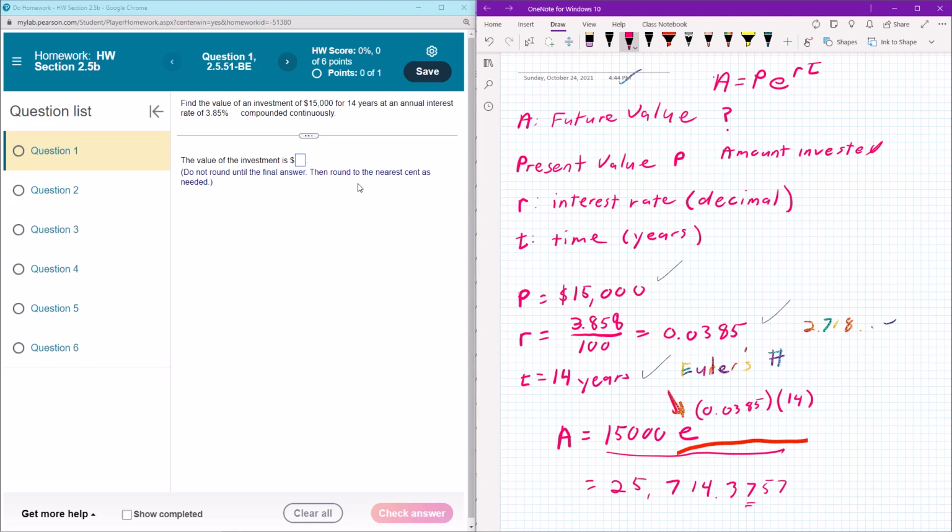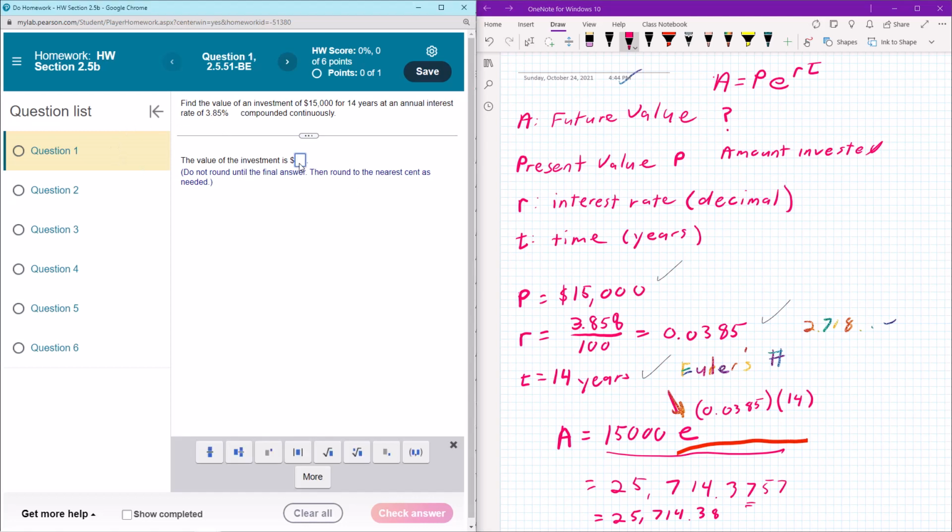Okay. Well, notice here I have a 5, and so we have a 5 or higher. We want to round up, so this will be $25,714.38, and that is what we want to put in here.